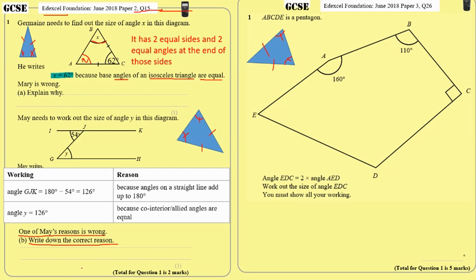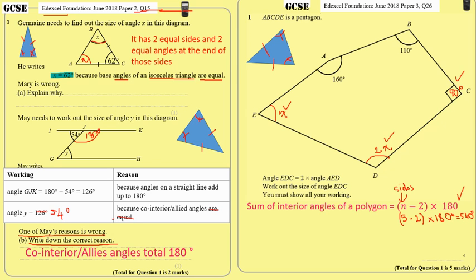Okay, guys. So let's see. I would like you to tell me, every single one of you, I'm going to listen. So again, the sum of interior angles of a polygon which is not regular, you can see the sides are not the same, is n take away 2 times 180, where n is how many sides the shape has.